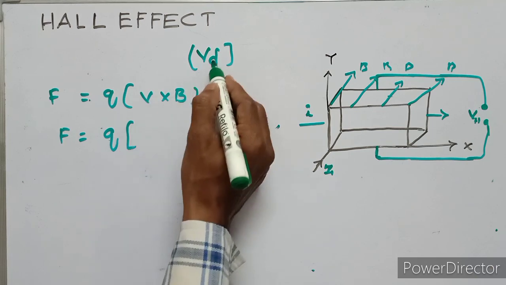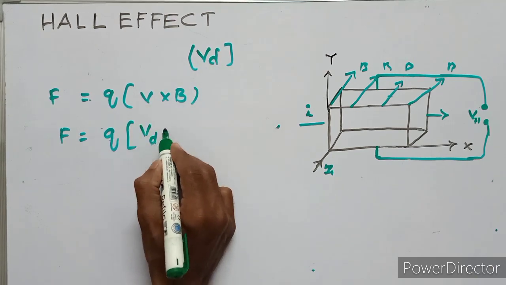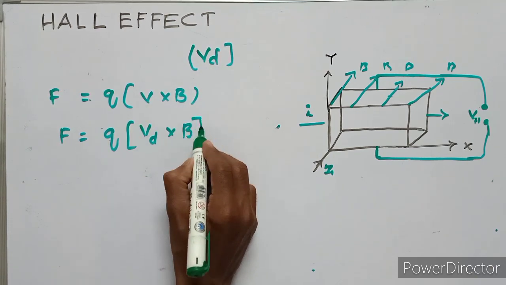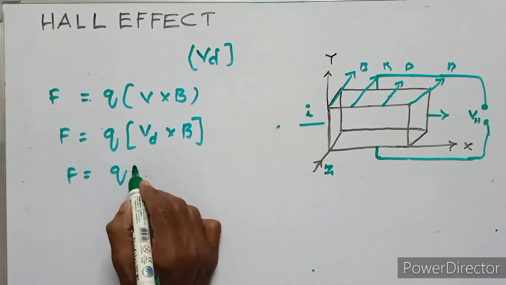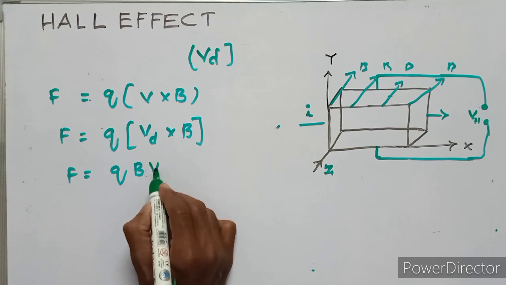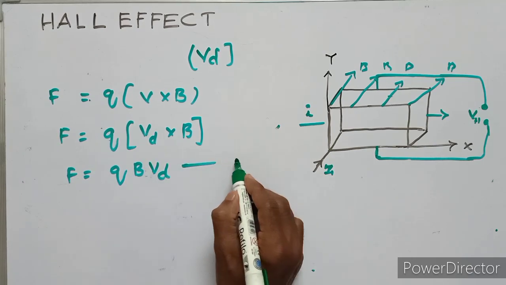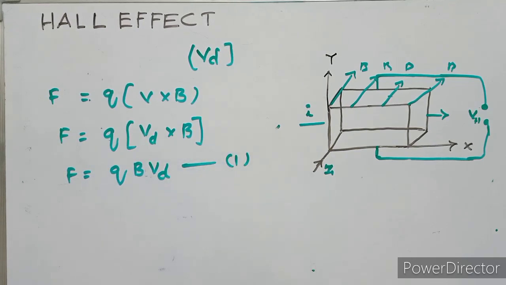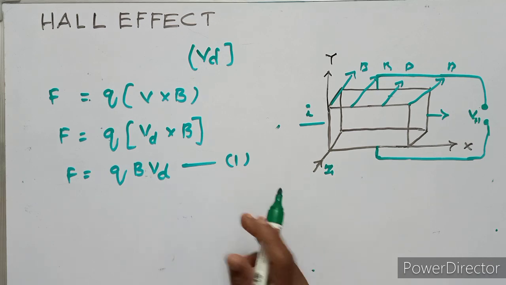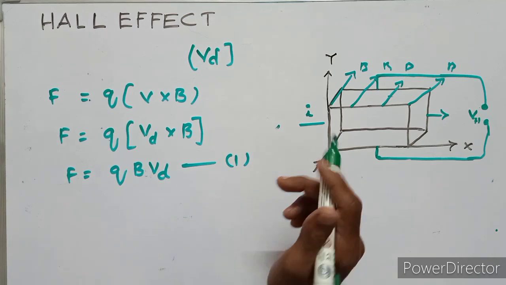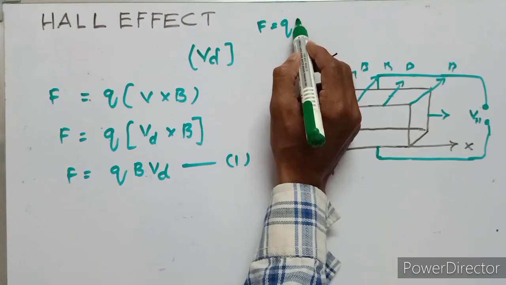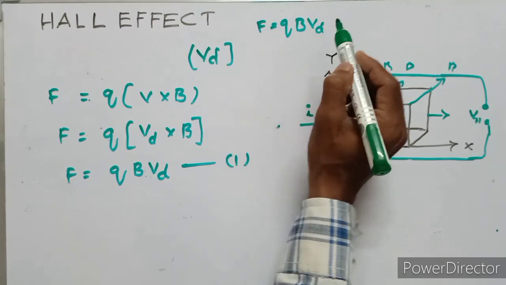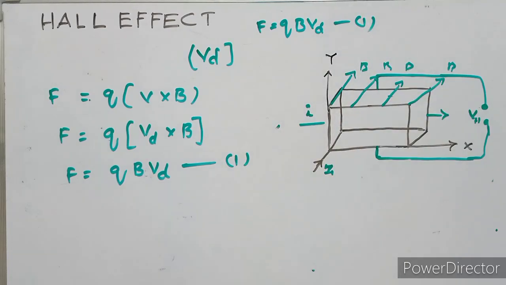V is the velocity, drift velocity, V suffix D. B is the magnetic field. Therefore, F is equals to Q B V D. This is the equation number 1.